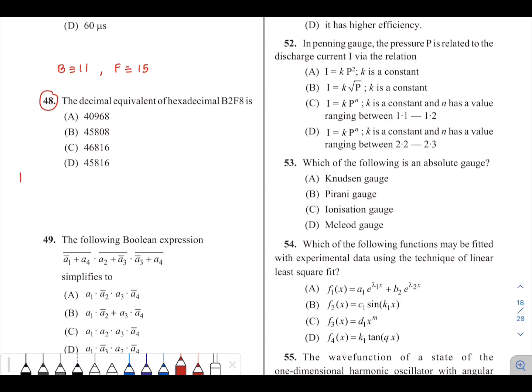So this B2F8 is essentially 8 times 16 to the power 0 plus 15 times 16 to the power 1 plus 2 times 16 to the power 2 plus 11 times 16 to the power 3. And if you calculate this, this is 45816. So option D is the correct answer.